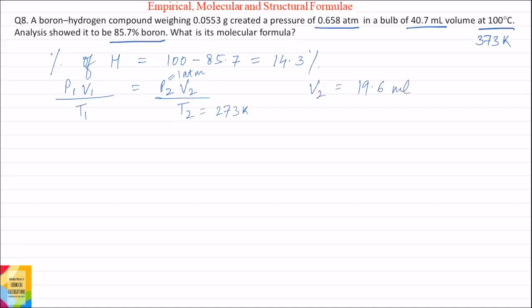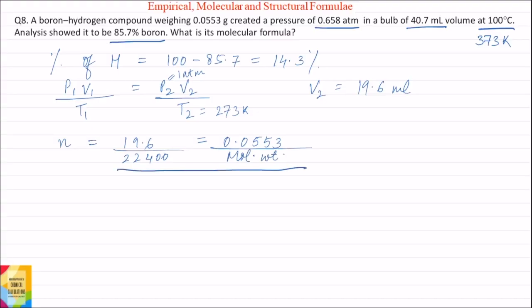Now we know that the number of moles is equal to volume divided by molar volume, and number of moles is also equal to weight divided by molecular weight. So we can write number of moles of the boron hydrogen compound is equal to volume divided by molar volume, that is 19.6 divided by 22,400, and this is also equal to weight divided by molecular weight, that is 0.0553 divided by molecular weight of the boron hydrogen compound.